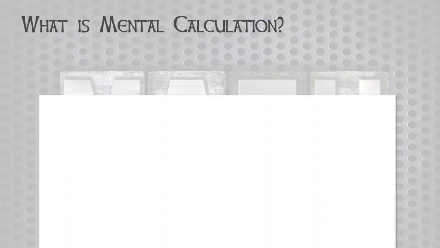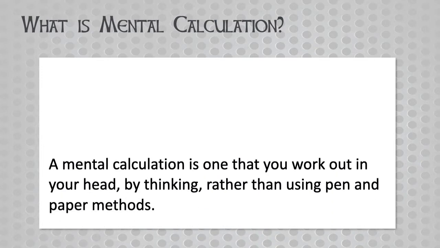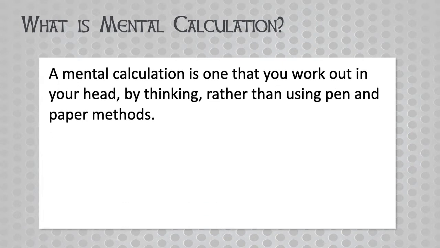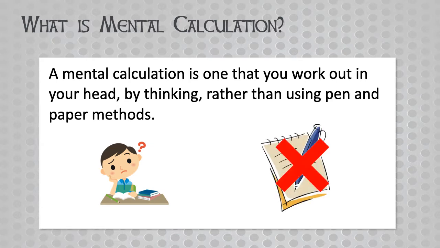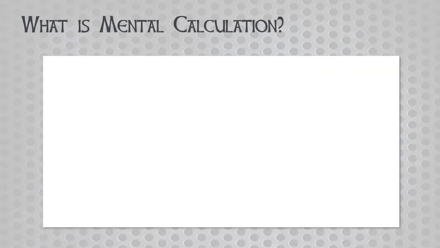In our last lesson, we talked about what mental calculations were. Let's review. A mental calculation is one that you work out in your head by thinking rather than using pen and paper methods. Also, in our last lesson, we reviewed several mental calculations.